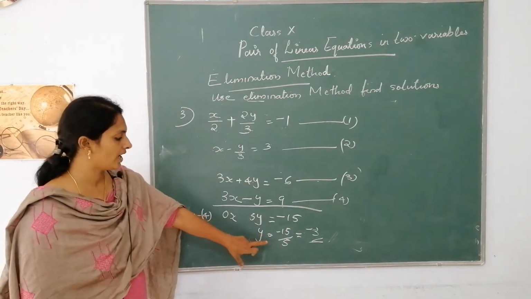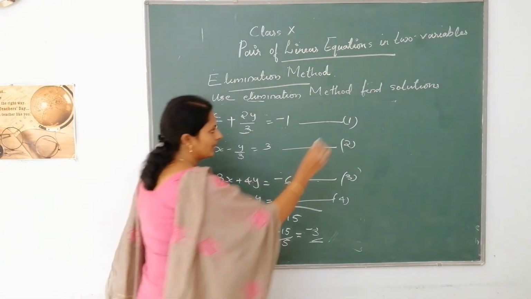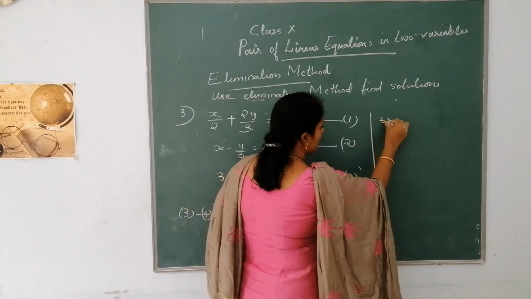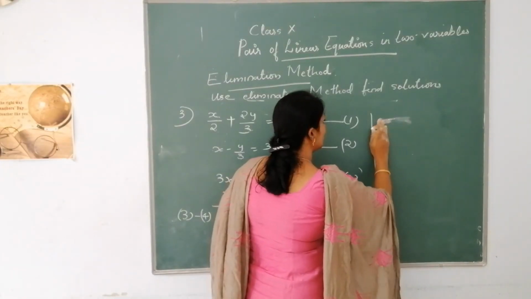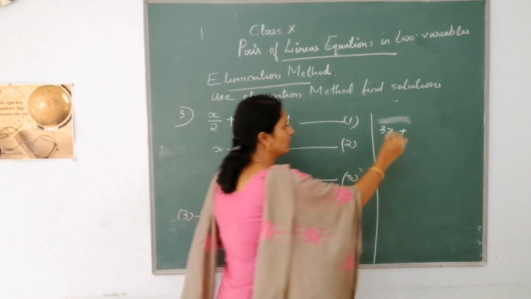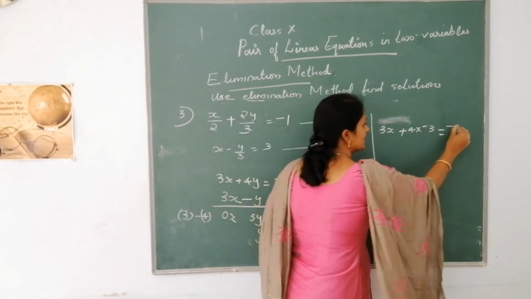Then substitute the value y is equal to negative 3 in equation 3. That is 3x plus 4 into minus 3 is equal to minus 6.